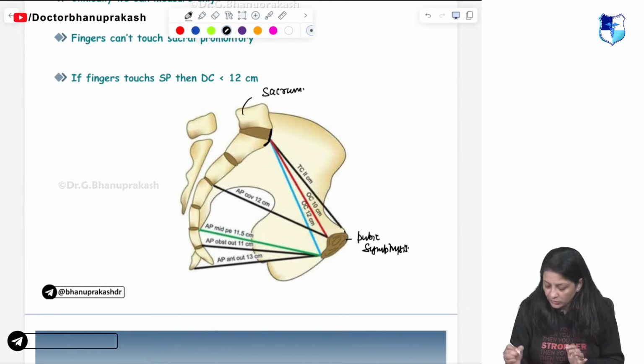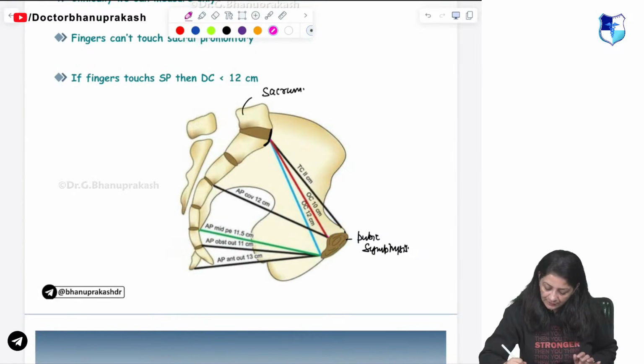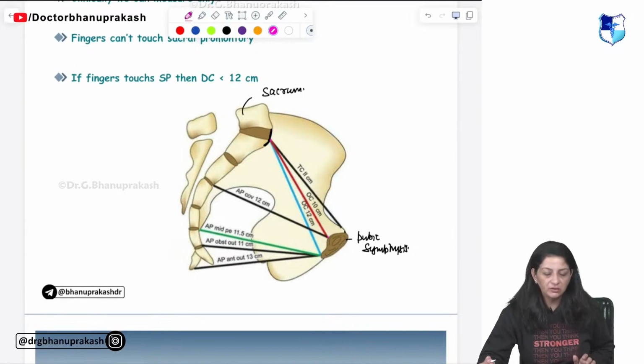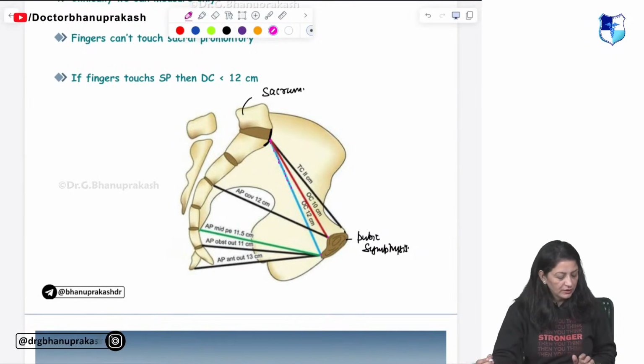From the upper border of the pubic symphysis to the sacral promontory is called true conjugate, 11 centimeter. Middle of the pubic symphysis to sacral promontory is obstetric conjugate. Lower border of the pubic symphysis to sacral promontory, this area, is called diagonal conjugate.